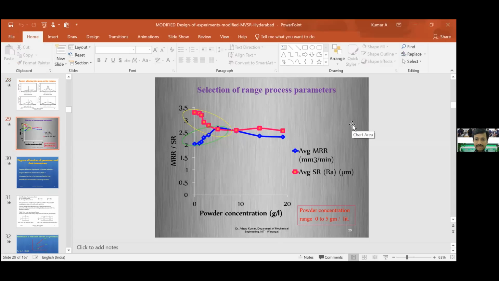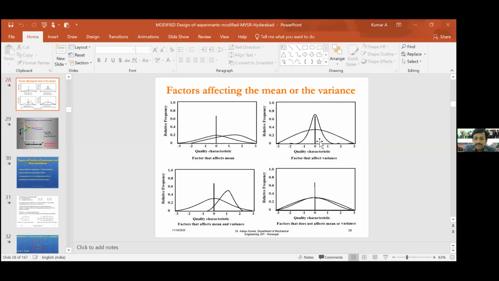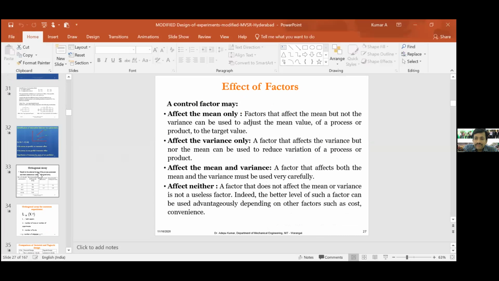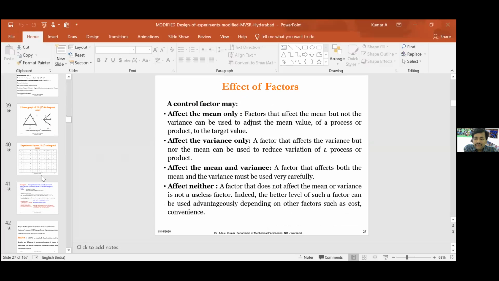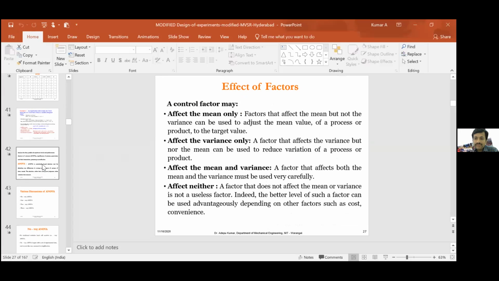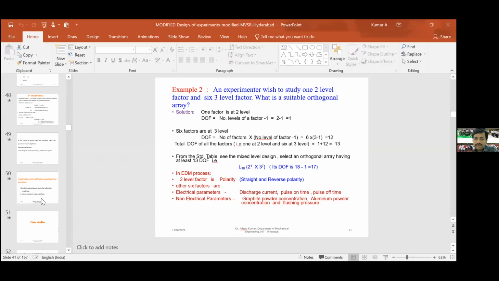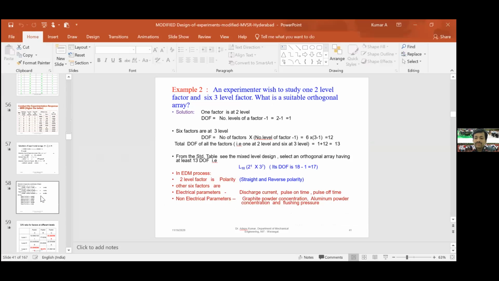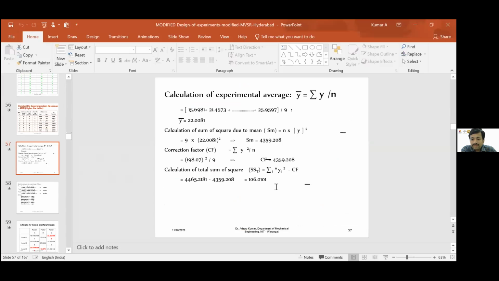Sir, what is the correction factor? Do we have any range for that? Correction factor normally uses this formula only, sigma y square by n.